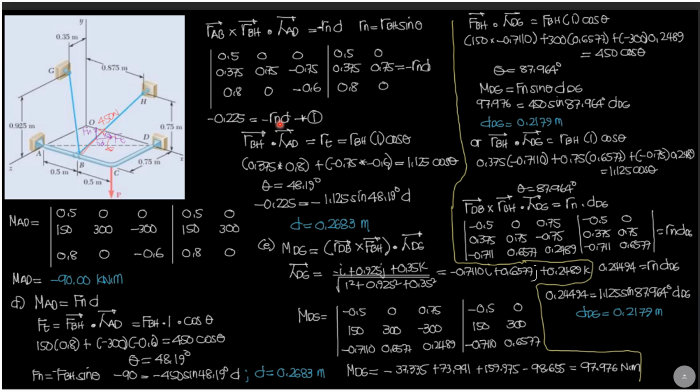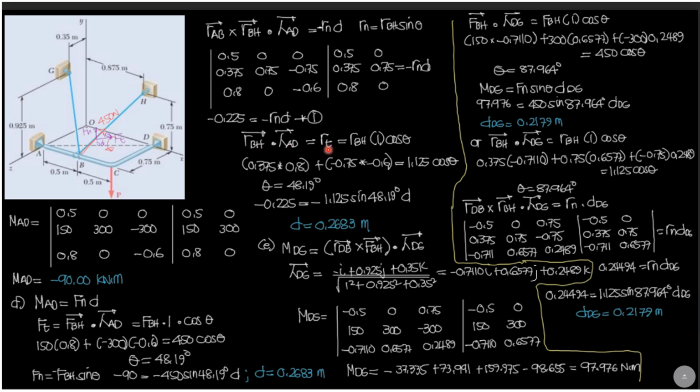Now for the Rn, we need to compute the tangential component first of the line BH, its tangential component, which is parallel to AD, and that is obtained by dotting RBH with the unit vector of AD.